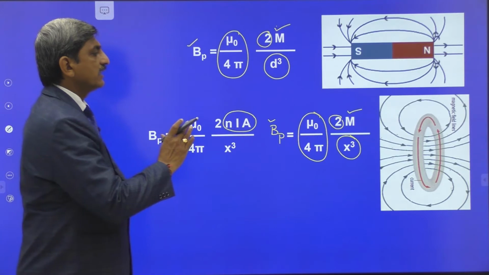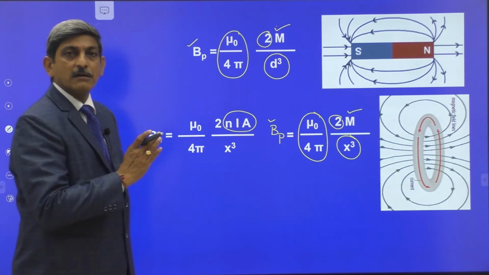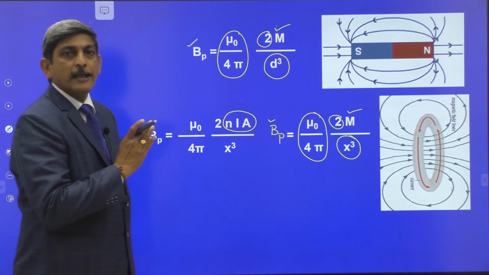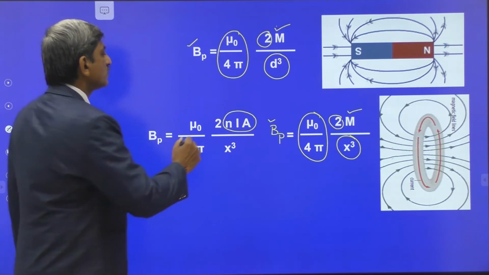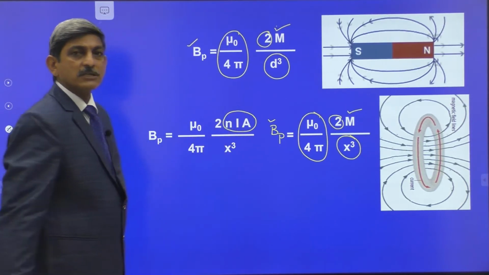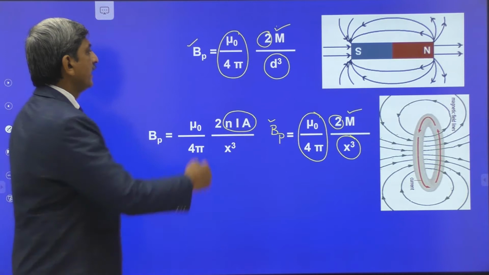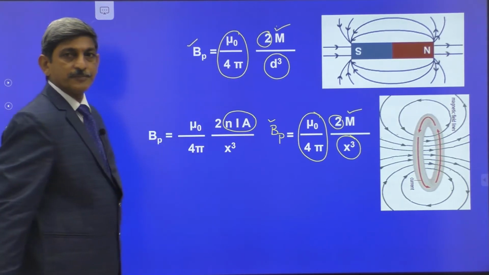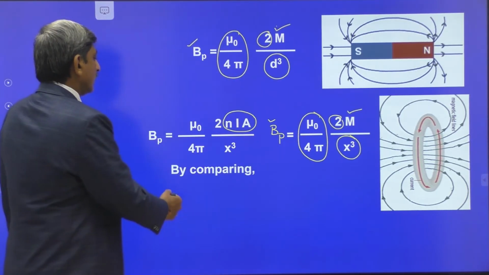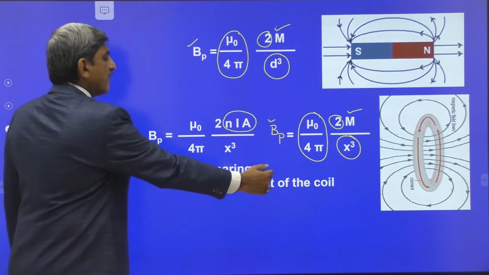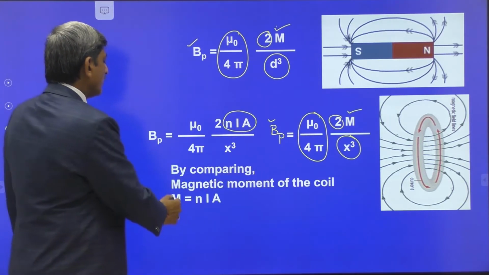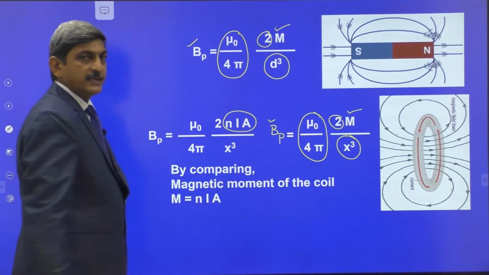That's why the current carrying circular coil also behaves like a magnetic dipole whose magnetic moment is given by the formula NIA by comparing these two equations. Now, by comparing we have the magnetic moment of the coil m is equal to NIA.